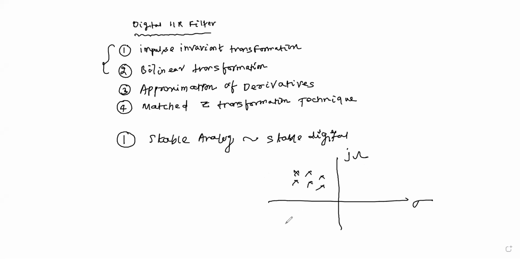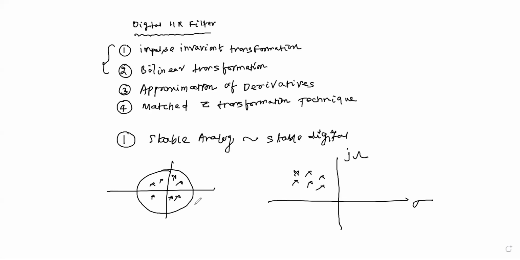A system is said to be stable if all the poles lie on the left hand side of the S-plane. Now if you think about digital, it is stable if the poles lie inside the unit circle, yes or not? Then only it is stable. So when you do mapping, first you have to check the stability. That is very, very important.